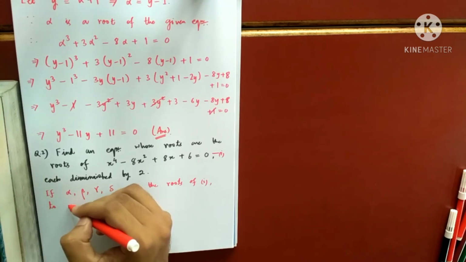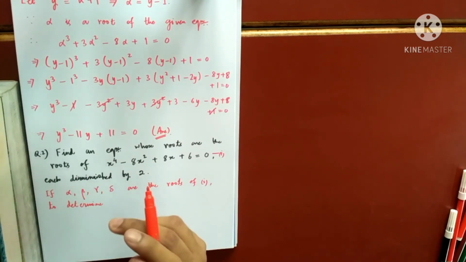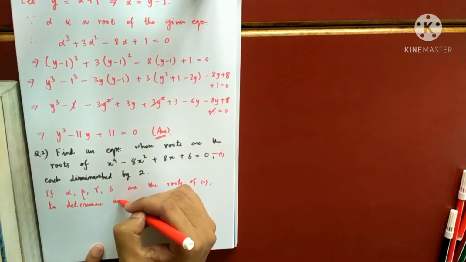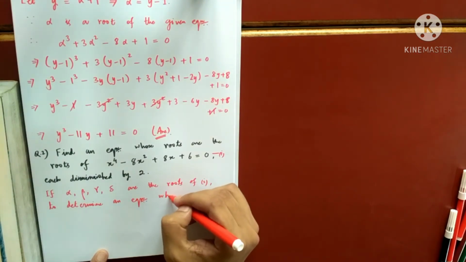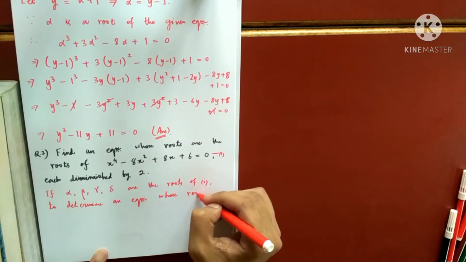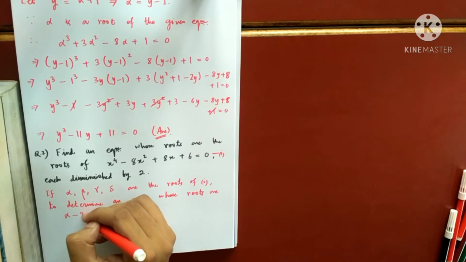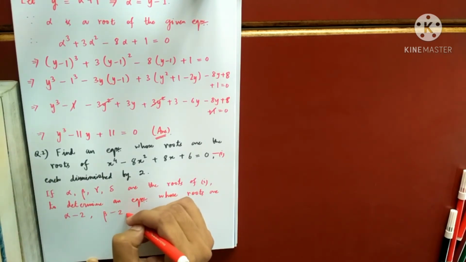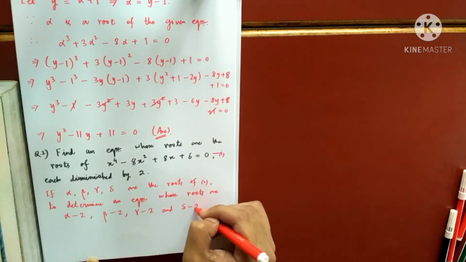To determine an equation whose roots are alpha minus 2, because each diminished by 2, so alpha minus 2, beta minus 2, gamma minus 2 and delta minus 2.